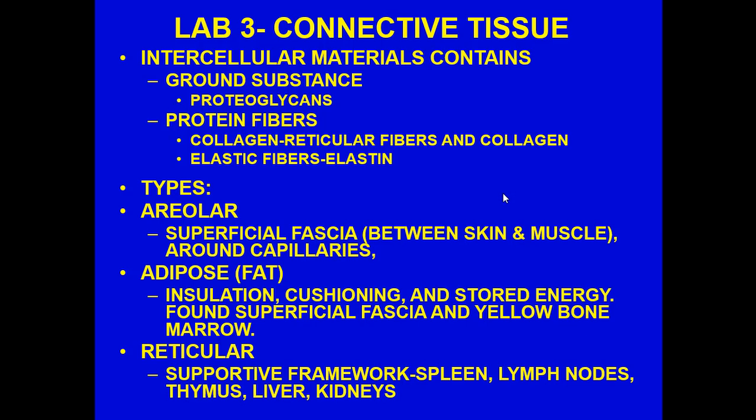So you're going to have collagen fibers, either as reticular fibers or as a straight collagen longer fibers, as well as elastic fibers made of elastin, which is a different type of protein.